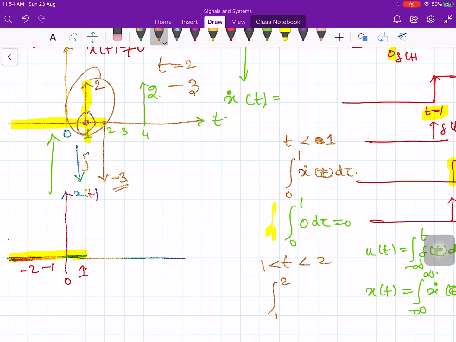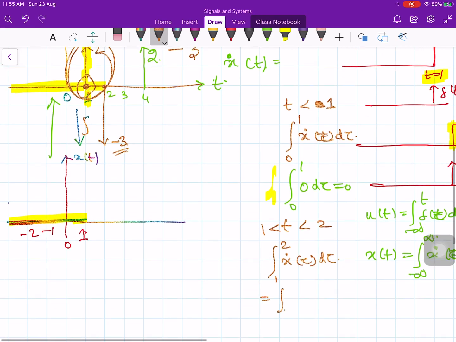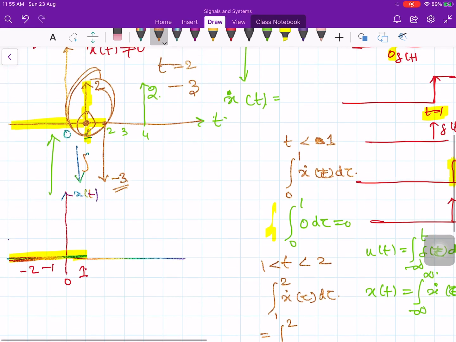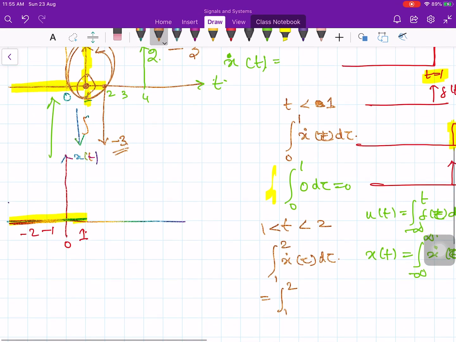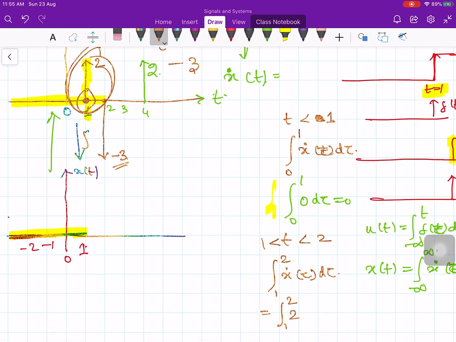So x dot of tau d tau. The first impulse is located at t equals 1, and is the only one within the integration interval. What is the height of that impulse? 2. So 2 times del of tau minus 1.